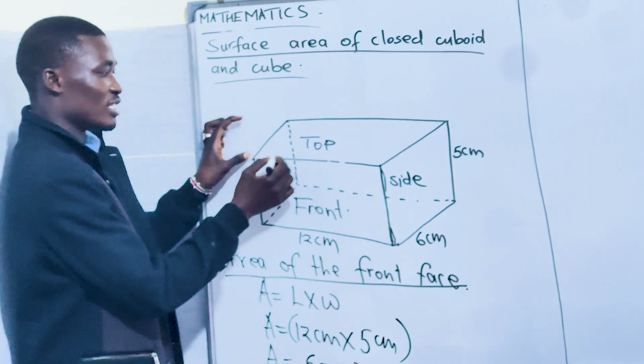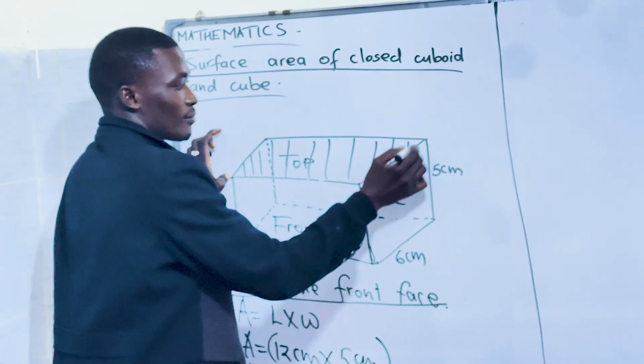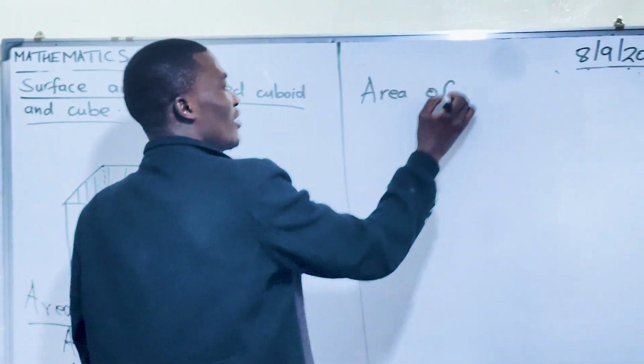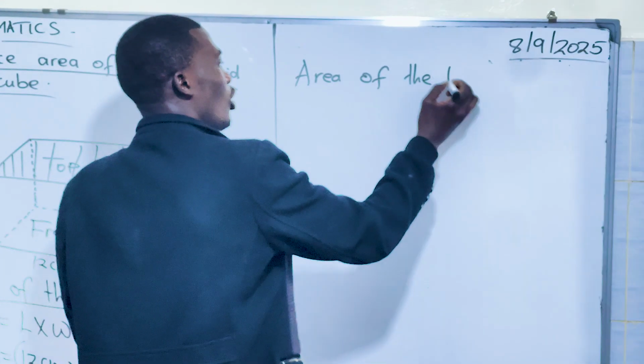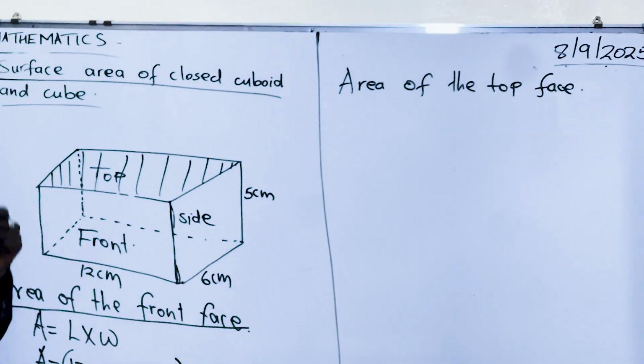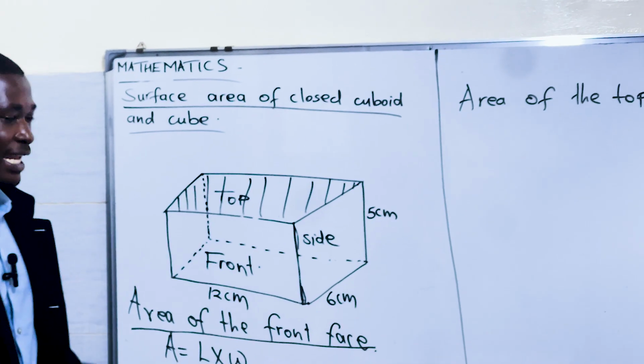Let us talk about the area of the top face, which is here. So, area of the top face. Identify which shape makes up the top face. Yes, Mulki, it is a rectangle.